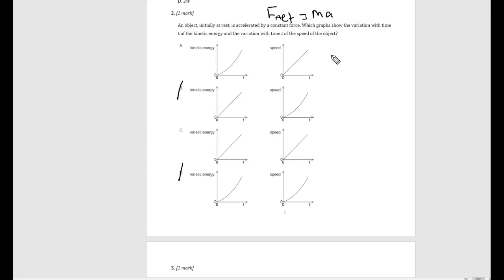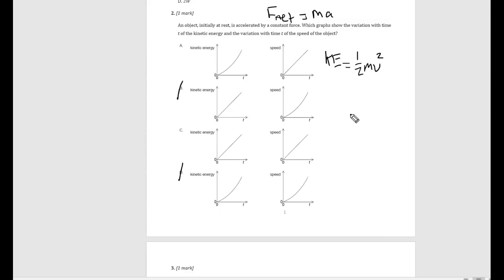And now what about kinetic energy? Well, we know that the speed is increasing at a constant rate. So what's happening to the kinetic energy? Kinetic energy is equal to 1/2 mv squared. So if the speed is increasing, the kinetic energy is increasing.